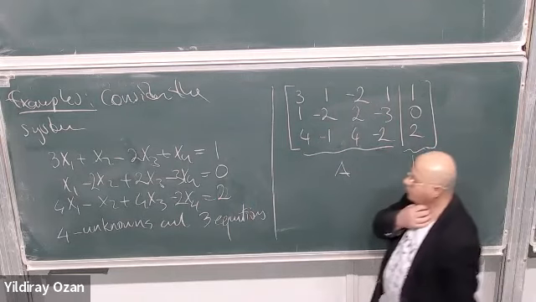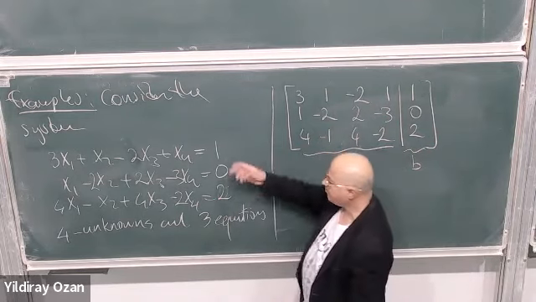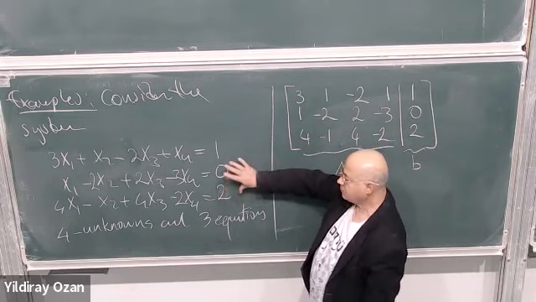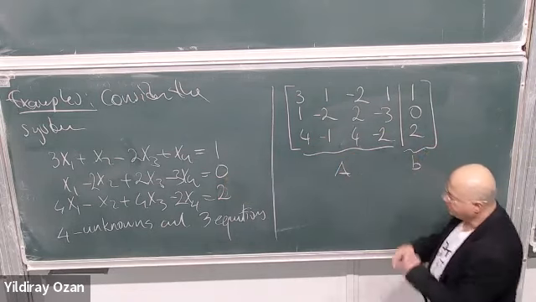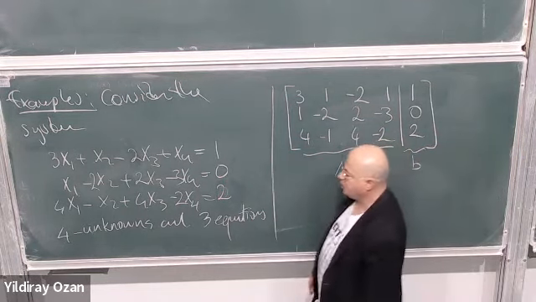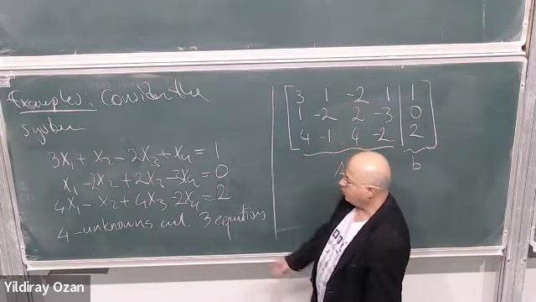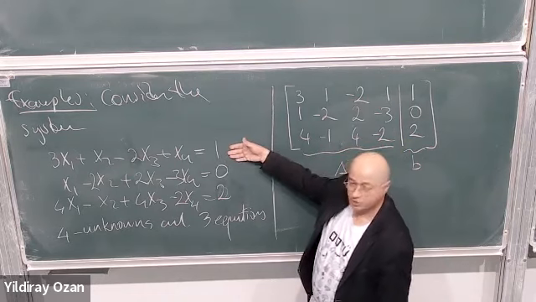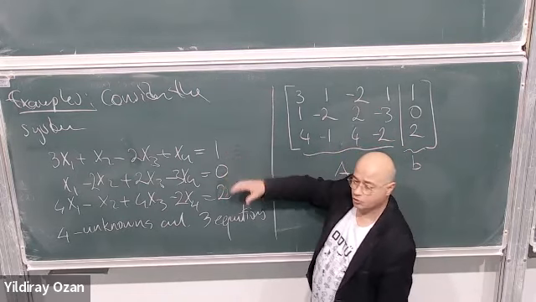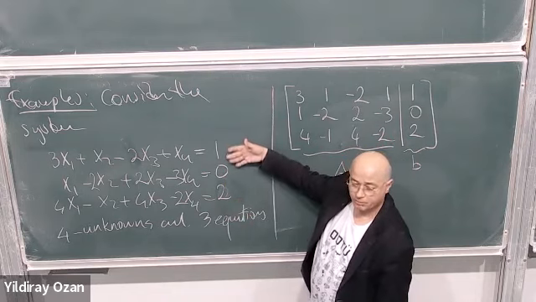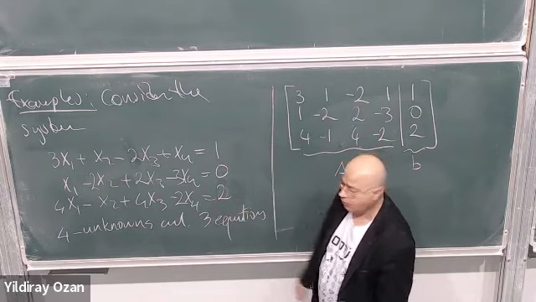Because we have seen last time that when you make the operations of Gaussian elimination, what were they? You may multiply an equation by a scalar, you may interchange 2 equations, or multiply an equation by a number and add to another one.